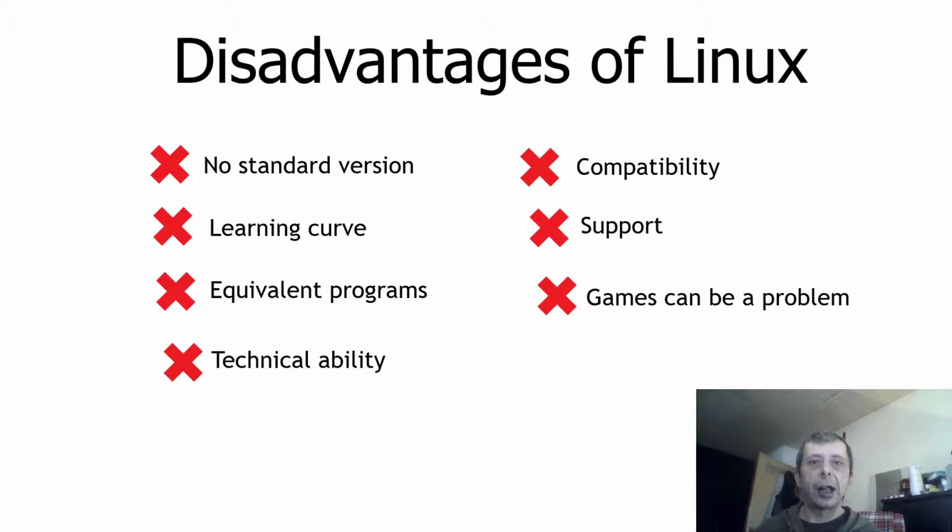And after you've got those, each of those distros branches out into hundreds and hundreds and hundreds of different distros, and that's a problem. Which one do you want? You've got to install hundreds of versions of Linux to find out which one you want.